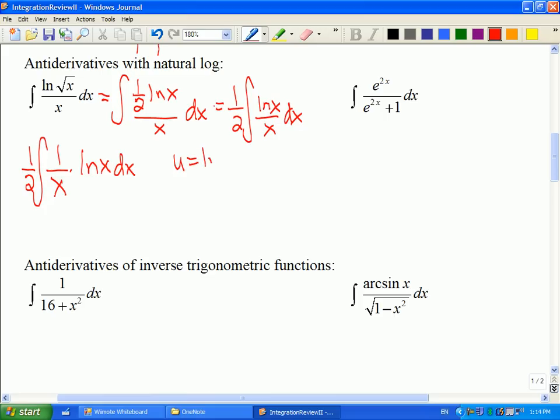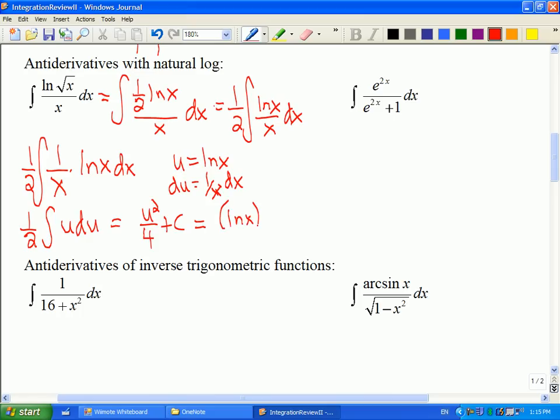So if we made this substitution, then we'll be able to rewrite this integral as u du, which is u squared over 4 plus a constant, and our substitution was the natural log x, so this would be my final answer. Okay, how about the next one? Does that one look ready to start anything, or anybody recognize a technique that might work?